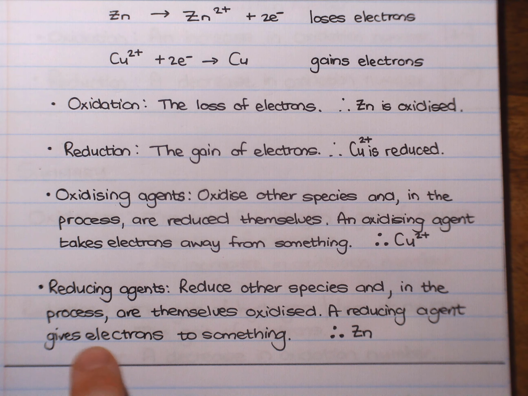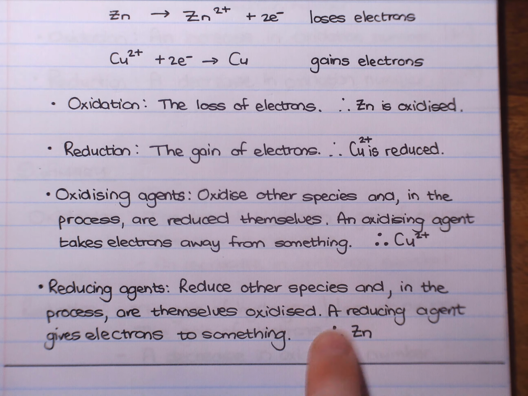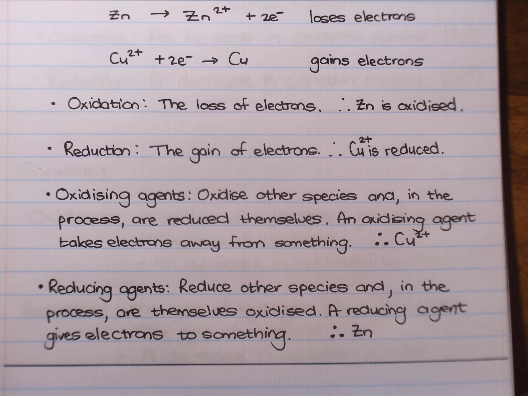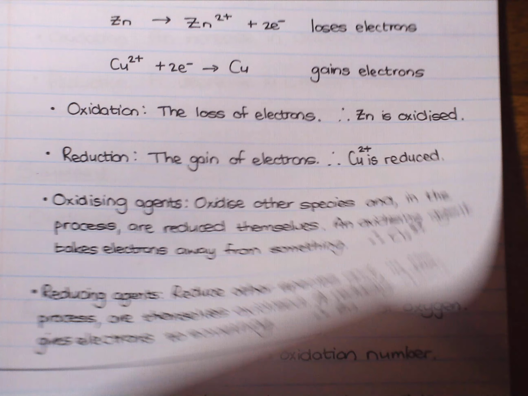A reducing agent gives electrons to something. The zinc gave electrons away. So in other words, zinc is our reducing agent in this example. We will be looking at a practical of this reaction in the second video in this series.